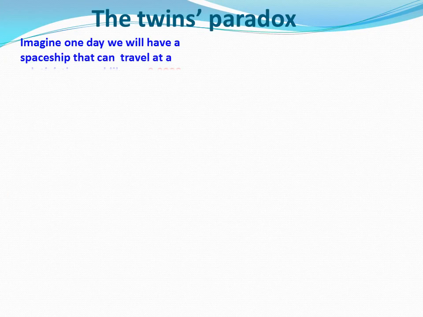Il paradosso dei gemelli, the twins paradox. Imagine one day we will have a spaceship that can travel at a relativistic speed like 0.9998 c.